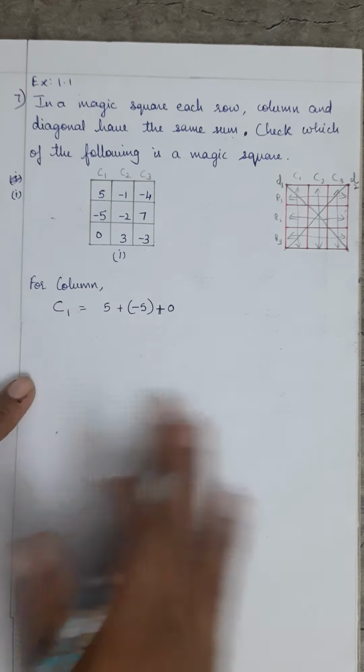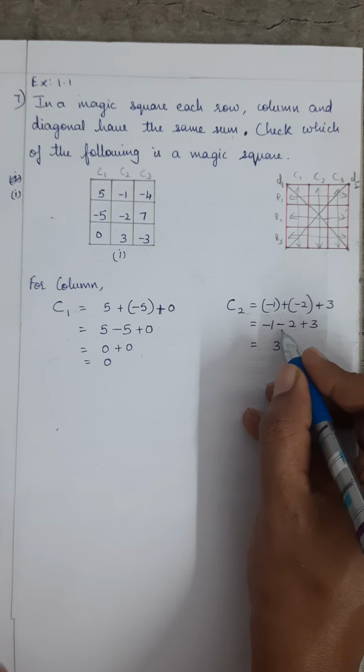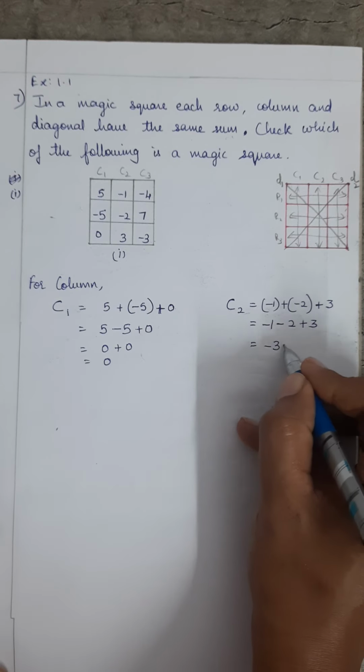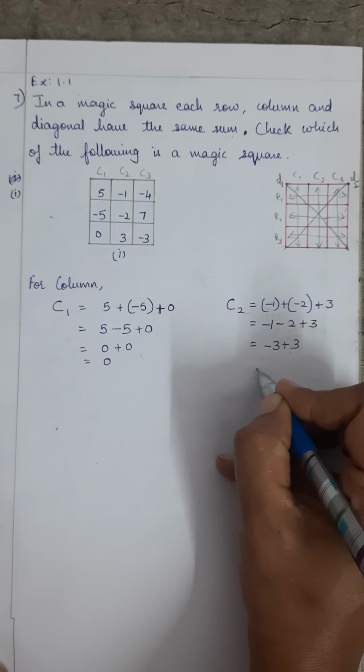Plus into minus is different sign, so it is -1 -2 plus 3. Now -1 and -2 have the same sign, so we should add: 1 and 2 give 3, and take the sign of the bigger number, 2, which is minus. So it becomes -3 plus 3, which is equal to 0. So C2 is also 0.